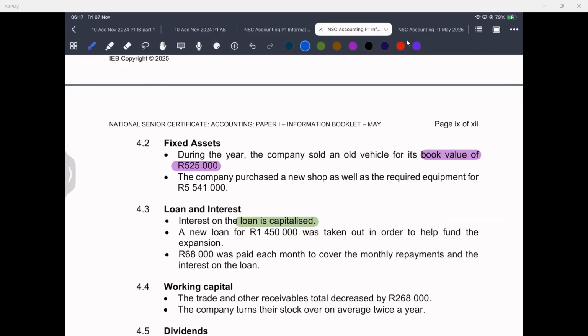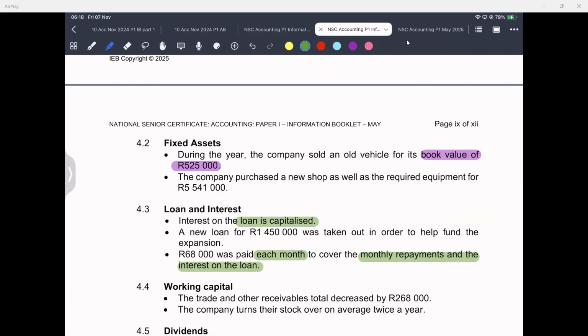And then we've got 68,000 was paid each month to cover for monthly repayments and the interest on the loan. Most lenders worry about the monthly repayments having interest in them.